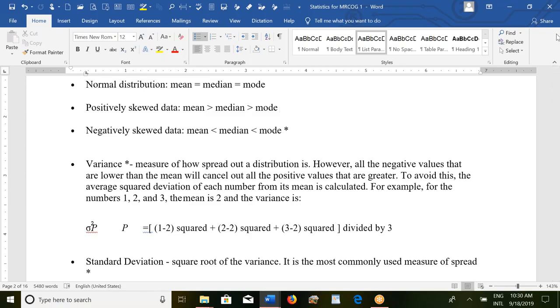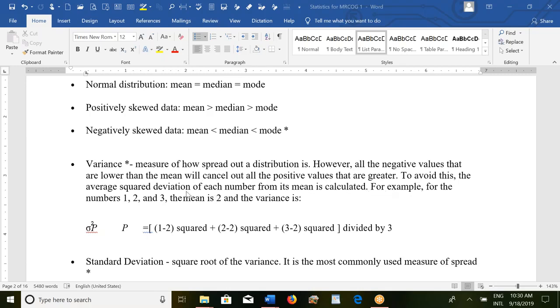Then there is another value which is called variance. This is a measure of how spread out a distribution is, like how much the data is scattered. However, all negative values that are lower than the mean will cancel out the positive values that are greater.